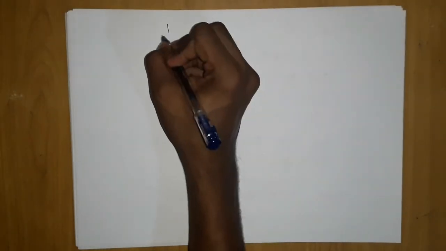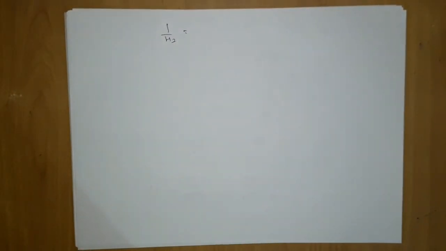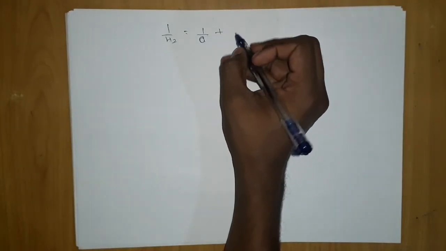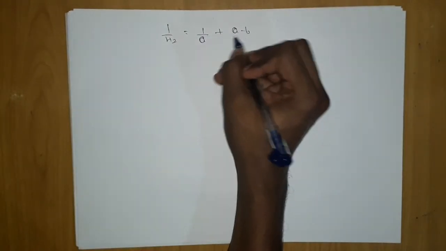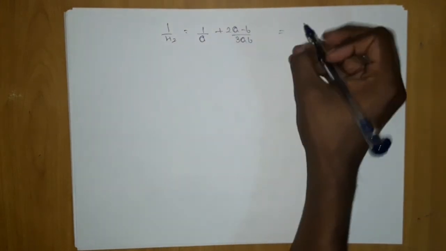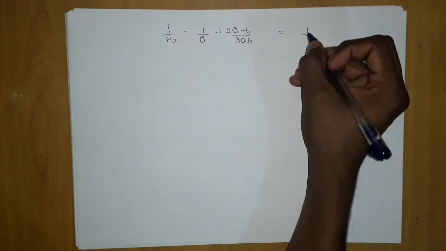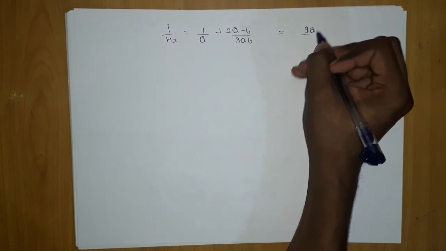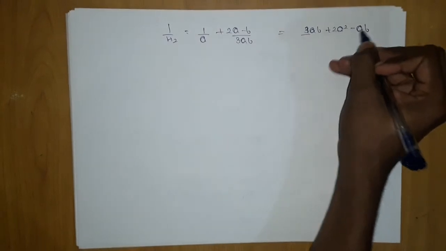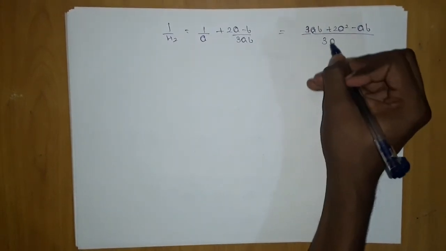Similarly, we can find 1 upon h2, which is nothing but 1 upon a plus a minus b upon 3ab, this will become twice. Let's not move the a. We will get 3ab plus 2a square minus ab upon 3a square b.